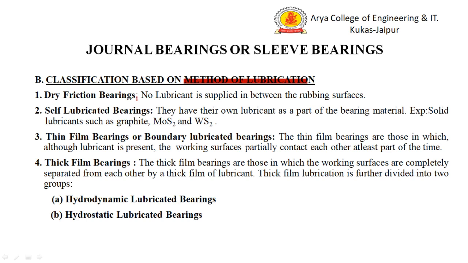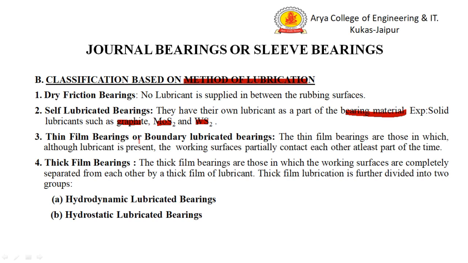In dry friction bearings, no lubricant is used between the two surfaces. In self-lubricated bearings, solid lubricants such as graphite, molybdenum disulfide and tungsten disulfide are used as a part of the bearing material.